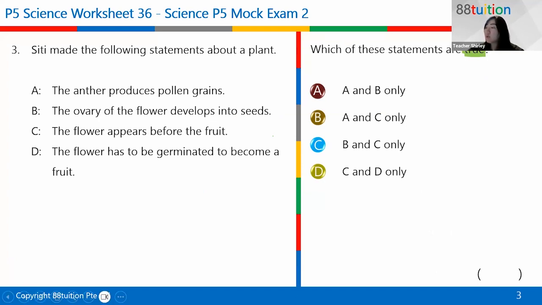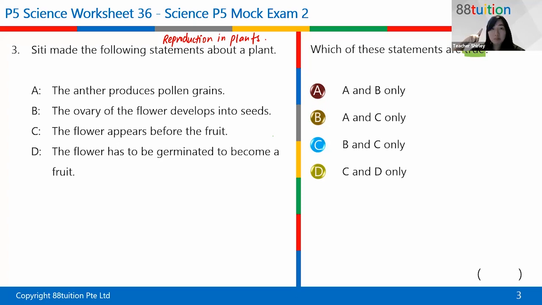This question is on reproduction in plants. Oh, sorry, I was muted. Yes, reproduction in plants, right? So let's see if the statement works.